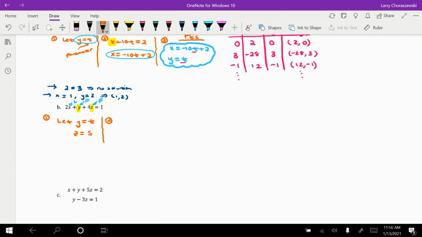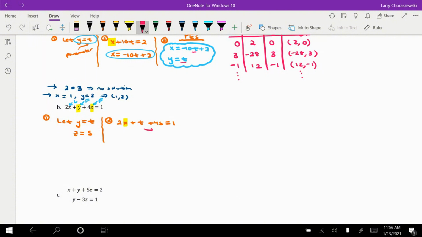What we're going to do is rewrite this equation with our parameters instead of the variables y and z. So we'd have 2x plus t plus 4s equals 1. And what we're going to want to do with this equation is solve for x.